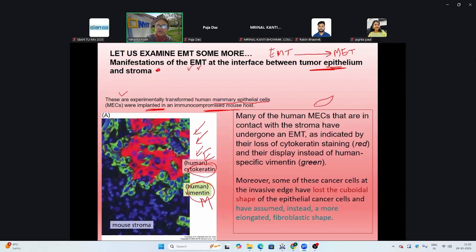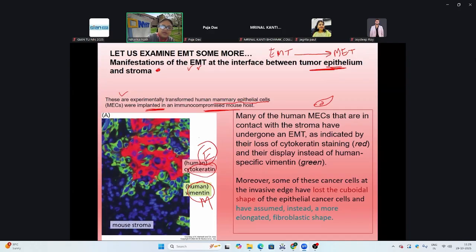It should kind of look like this, but I don't know if that's possible to see all the time. Anyway, the green ones are mesenchymal. So this is the full tumor. The inside of the tumor is more epithelial. So here these are more epithelial.